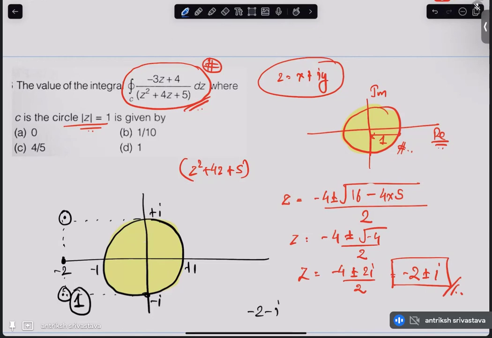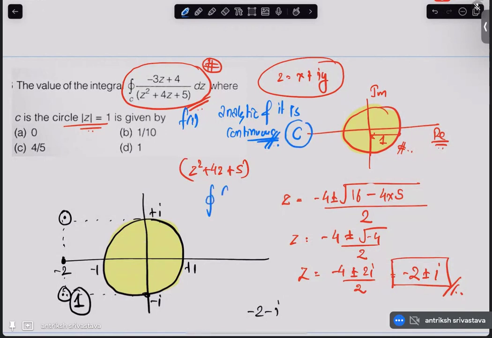That is, if your function f(z) is analytic and it is continuous, then within this region C, the integral of f(z) dz will become 0. Simply you have to check the roots for this particular denominator function. You found out that they are outside and you use the first theorem and you get the answer of 0. That's it.